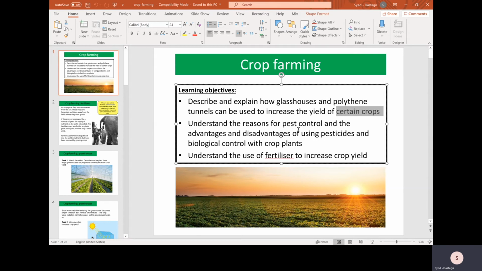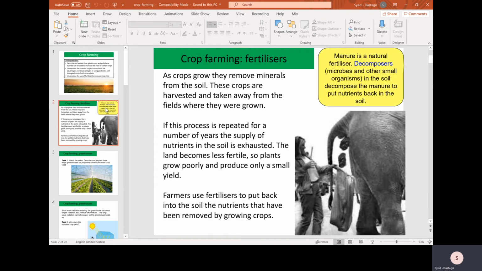We needed to understand the reasons for pest control and the advantages and disadvantages of pesticides and biological controls with crop plants. We also started to understand the different types of fertilizers and what fertilizers are, and their benefit of increasing crop yield. So now, crop farming.